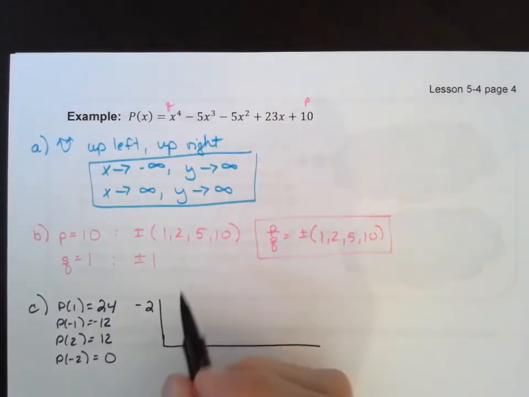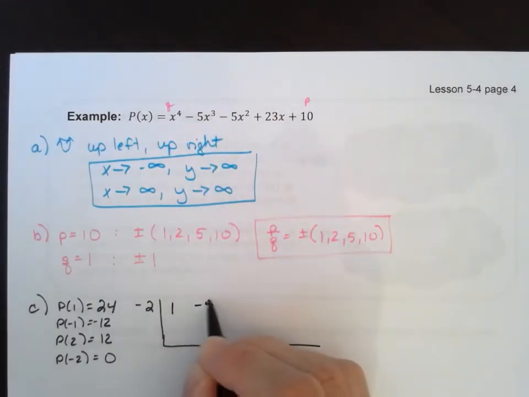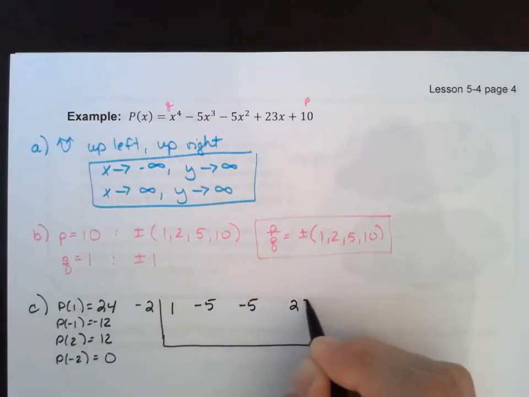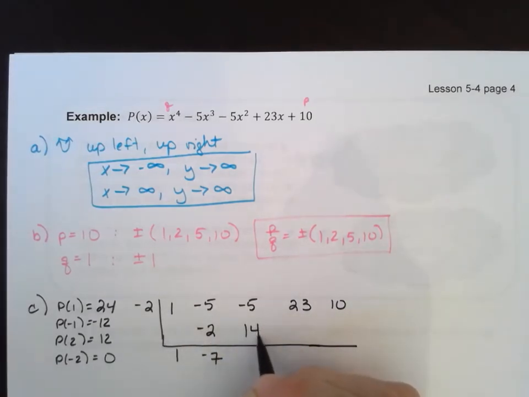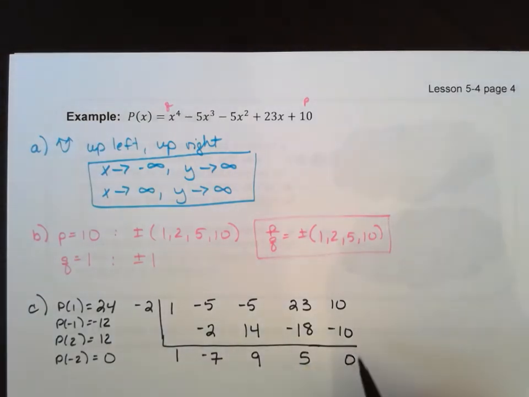We're not, so we'll put our coefficients in. Bring the first one down and multiply. Add, multiply, add, multiply, add, multiply, add. Okay, we got a remainder of 0.